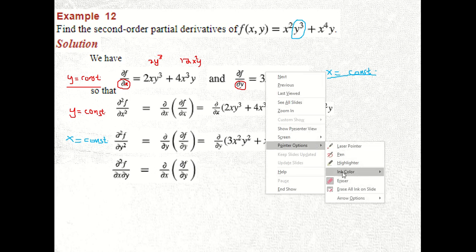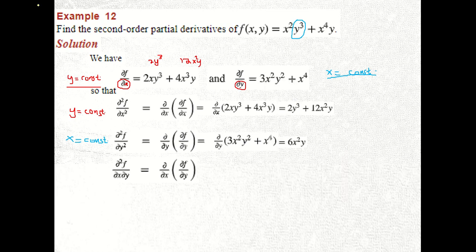I'll use another color, I'll use yellow. First we take the partial derivative of the function with respect to y, which is already given here. And after that, we differentiate this with respect to x.